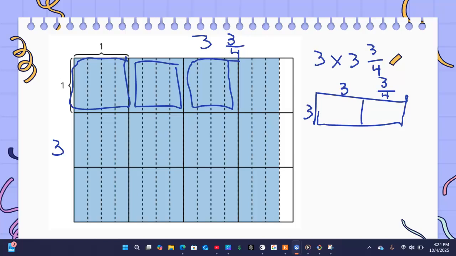You know that 3 times 3 equals 9. And now 3 over 1 times 3/4 equals 9/4.